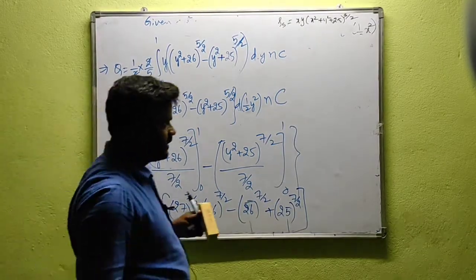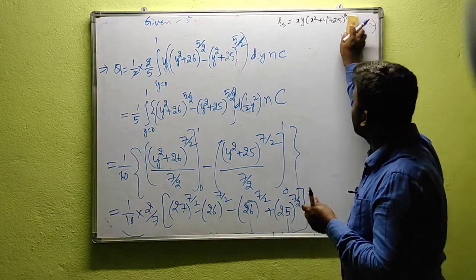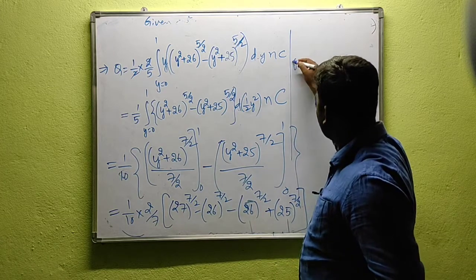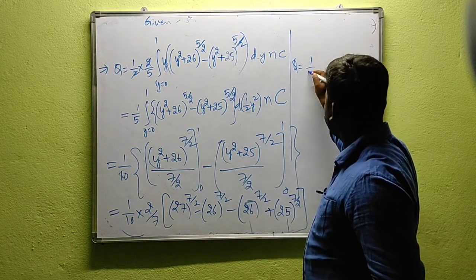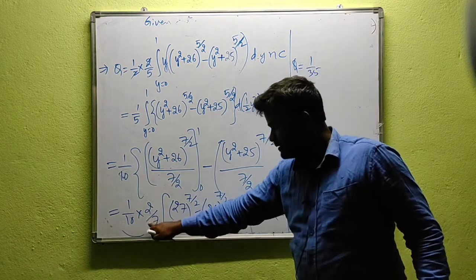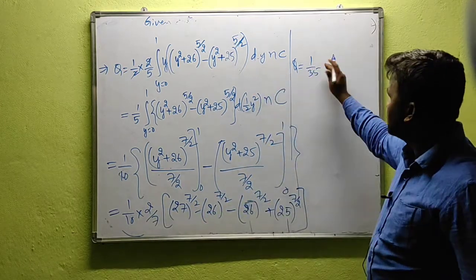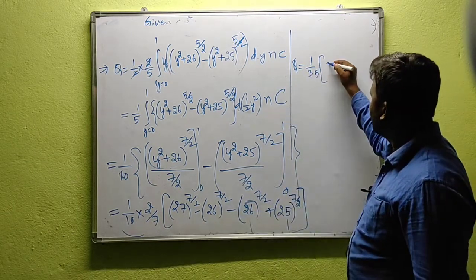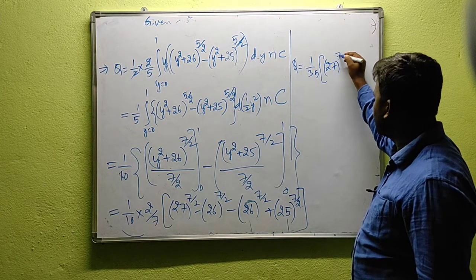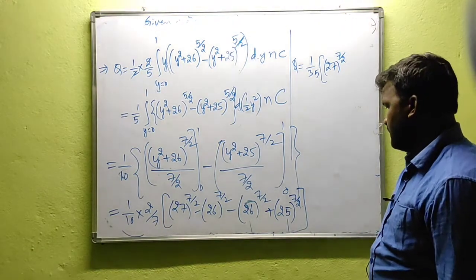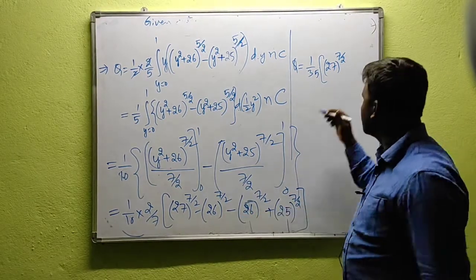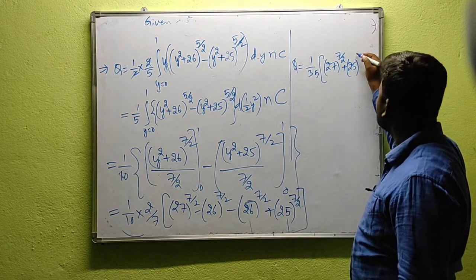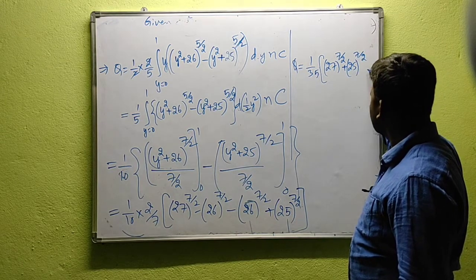So in simplified form, q is equal to 1 by 35: 10 into 7 is 70, 70 by 2 gives 1 by 35. First let us write the positive terms, that is 27 whole power 7 by 2, and here minus 26, that means plus positive, that is 25 whole power 7 by 2 minus.